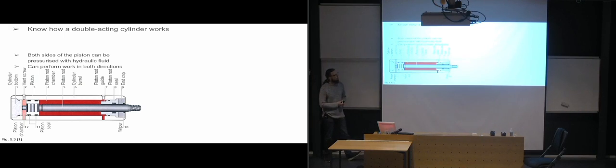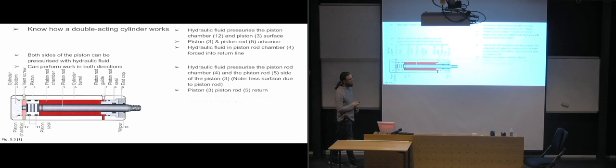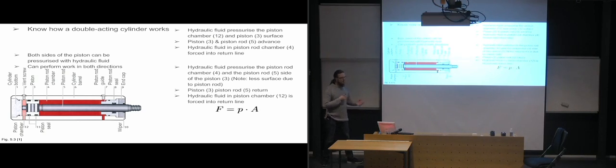With these, we can perform work in both directions, and depending a little bit on what kind of double-acting cylinder we have, we might get different forces in different directions.